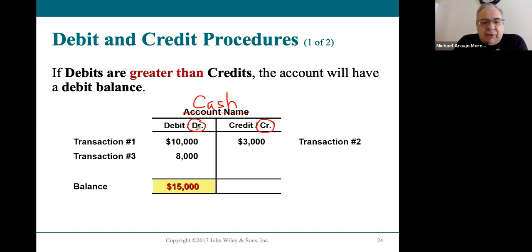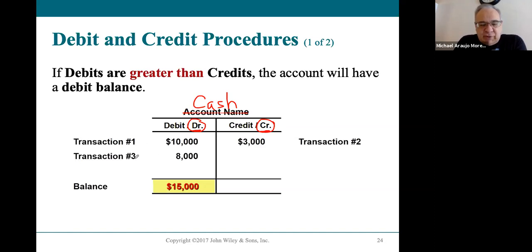Now, you'll see the DR as an abbreviation for the debit side. I think this goes way back to either the Italian or the Latin of the root word of debit. And credit, you'll see it abbreviated as CR. But either way, all accounts have two sides.